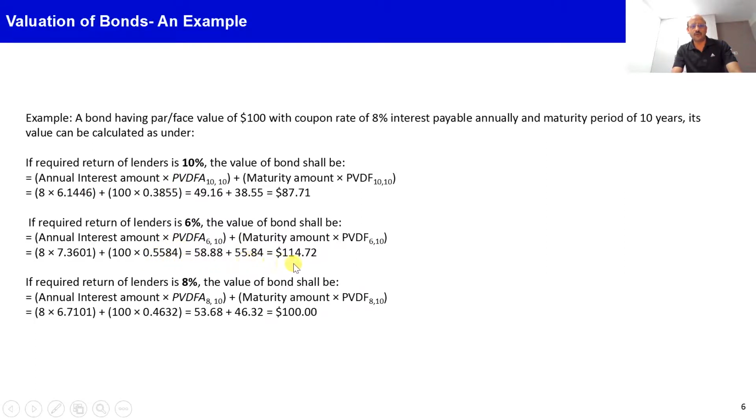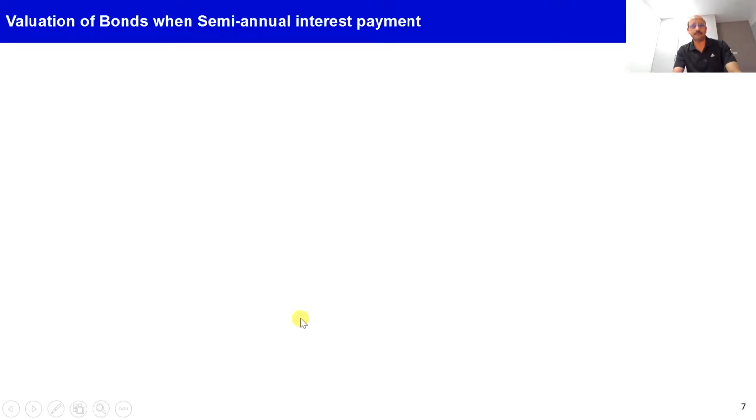So the value of the bond will become higher than the face value, 114.72. Now what happens if the required rate of lenders is 8%, same as the coupon rate? In that case, applying the PVDFA and PVDF factors in the above formula, we get exactly the same amount, $100.